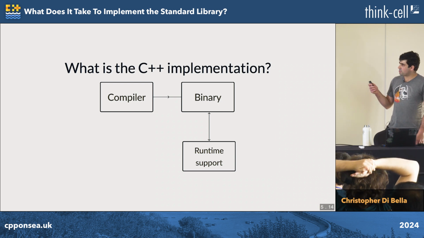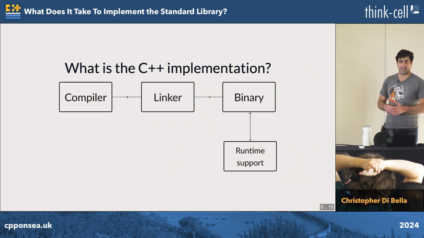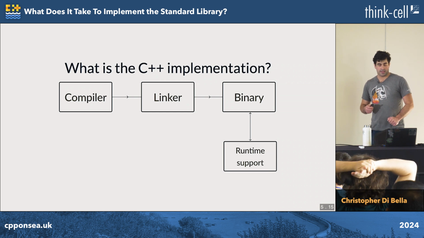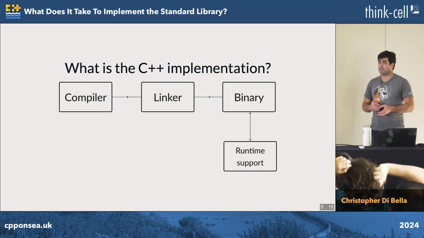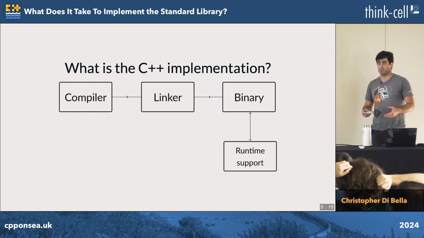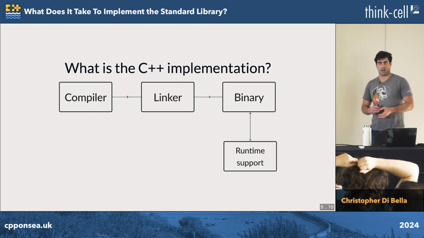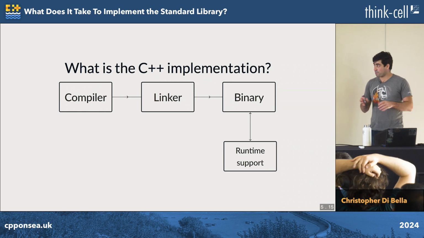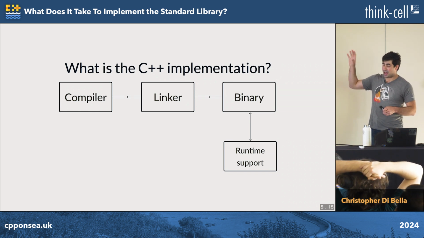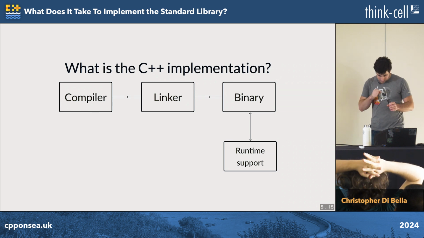But if we think about it a little bit more, we realize that there's also a linker. And the linker is an important step that we shouldn't omit because it plays a vital role in building a program. How often have people run into linker errors? Understanding the presence of the linker and that it happens after the compiler is very important.